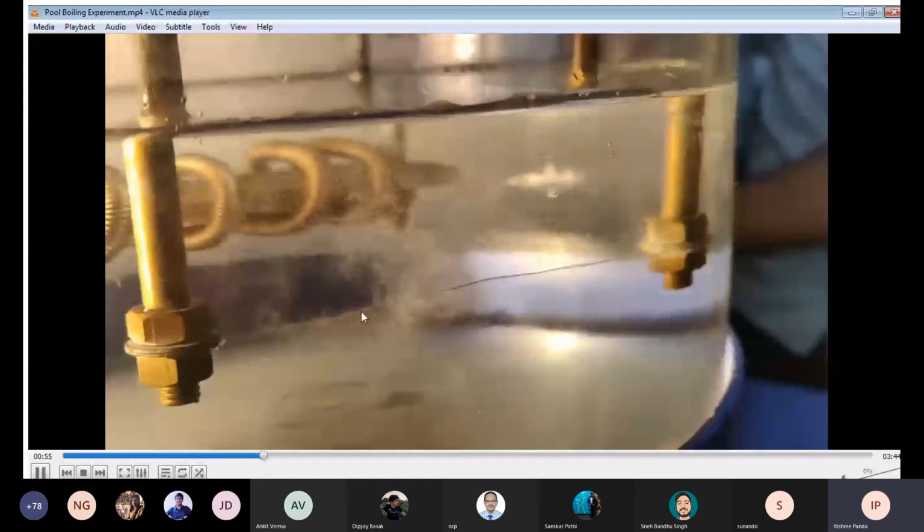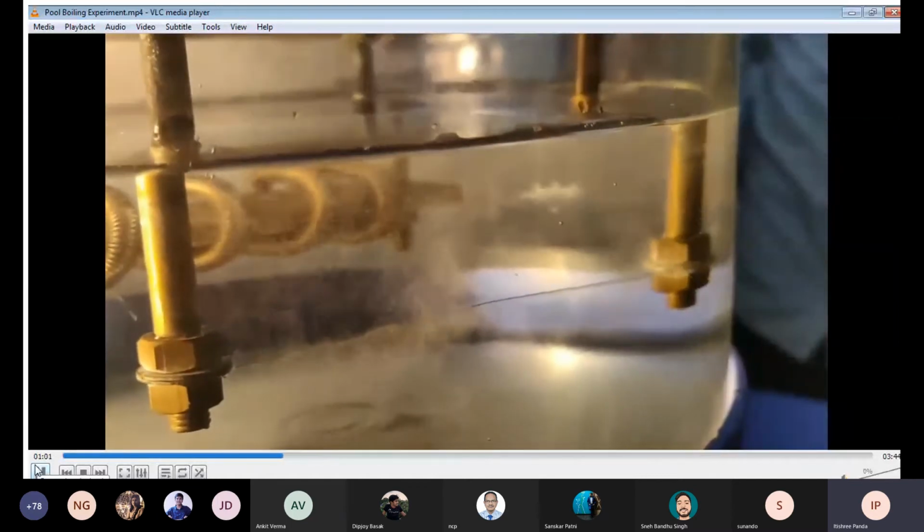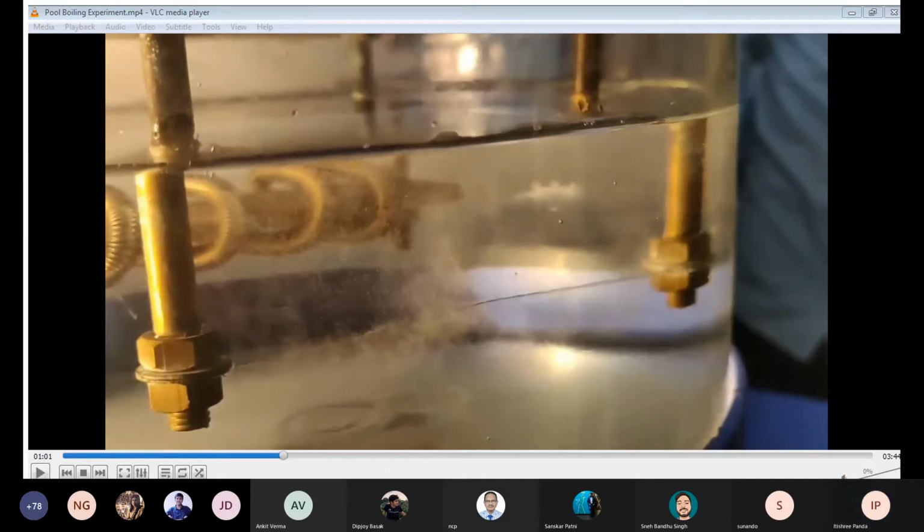After this, the video starts again. They haven't shown how it exactly breaks, but you get the point. Bubbles will form and go onto the surface, then vigorously it will form and then it will break. That will be your critical flux point.